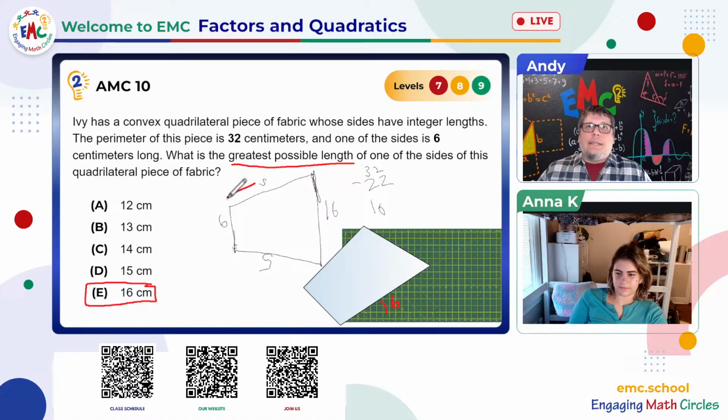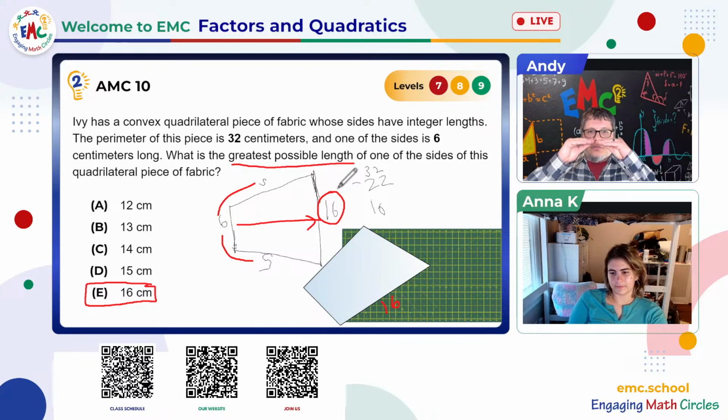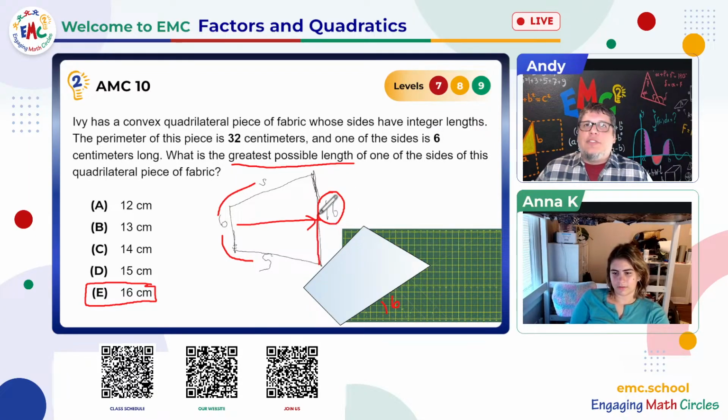So the sum of these three has to be at least as big as the biggest side. Otherwise, they're just going to fall flat and make a sandwich, right? This will be 5, this will be 6, this will be 5, and that's exactly 16.